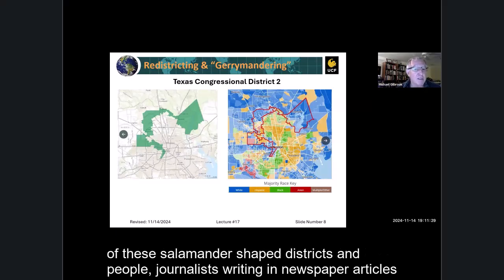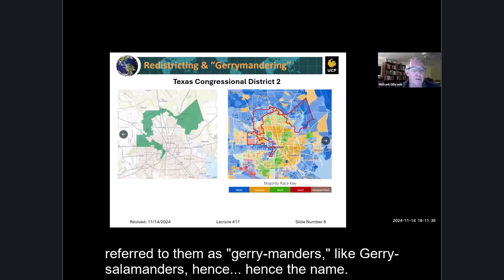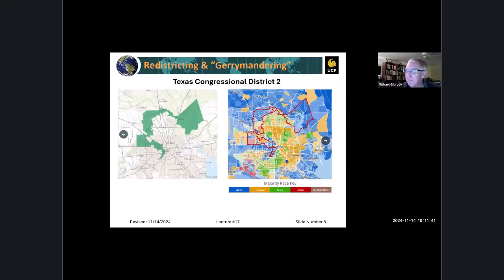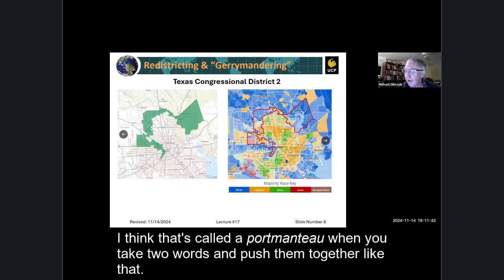It created a bunch of these salamander-shaped districts, and people, journalists writing in newspaper articles, referred to them as gerrymanders, like Jerry salamanders, hence the name. I think that's called a portmanteau when you take two words and mush them together like that.